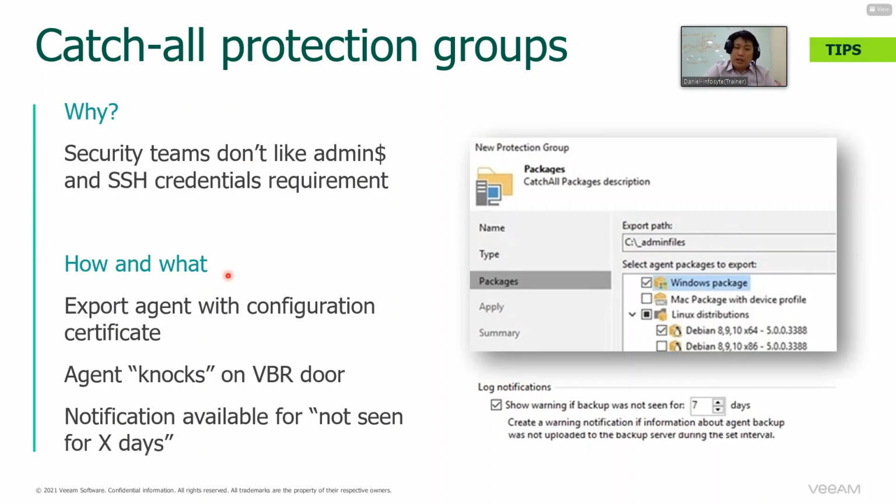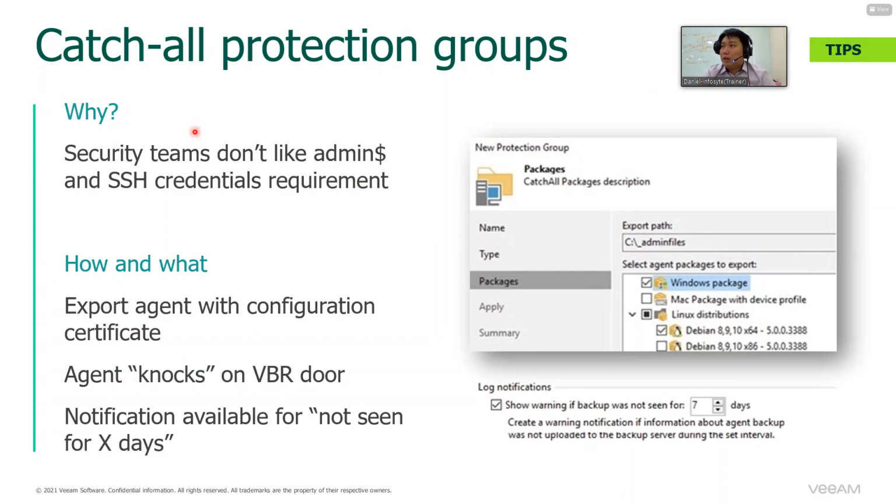For example, earlier we always used a push method to install the agent software into the machine, and in some environments the security team does not like the admin share to be opened up in Windows environments, or SSH even. Now, if you have some security concern on a machine like this, you might need to perform manual installation of the agent on the local machine before they actually establish connectivity back to the backup server.